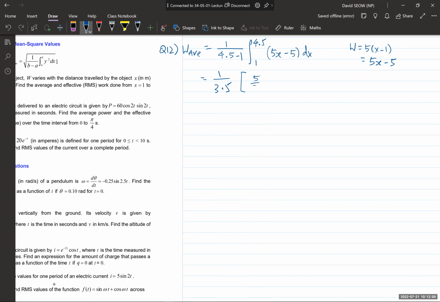The integral of this will be 5 over 2 x squared minus 5x.